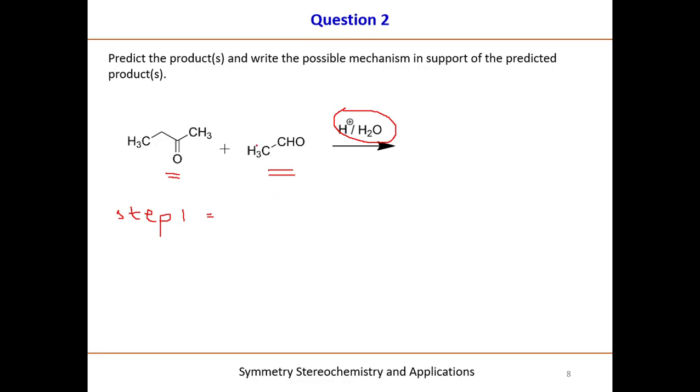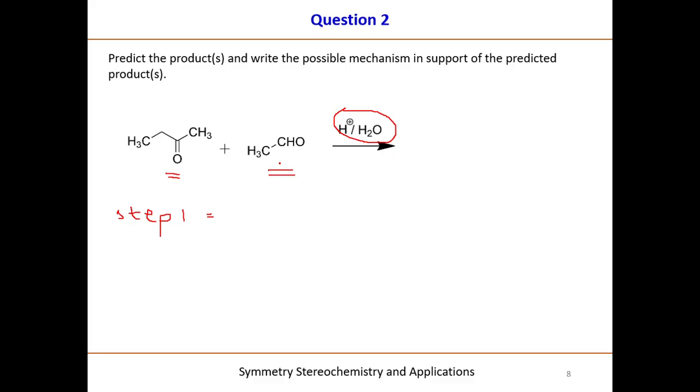So we will do the protonation of either group, aldehyde or ketone. Because we have different substrates, the same substrate is not undergoing aldol condensation. Because we have two different substrates, this reaction will give a cross product. I will tell you how it will give a cross product.